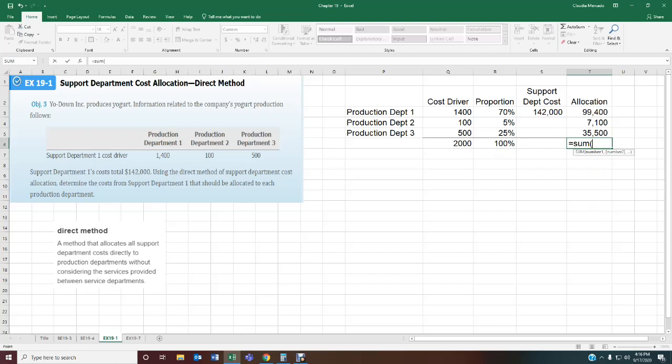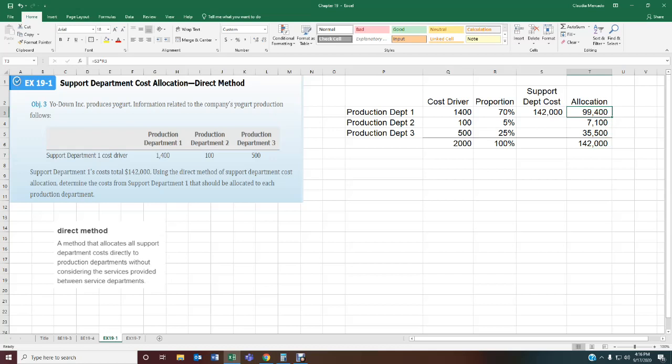So remember, our total cost that we're trying to distribute is $142,000. How am I going to distribute that? Well, I got my proportions based on my cost drivers. So once I have my proportions, I can just multiply my proportion times my cost to get my allocation. For department 1, I'm going to allocate $99,400 of my support department cost.